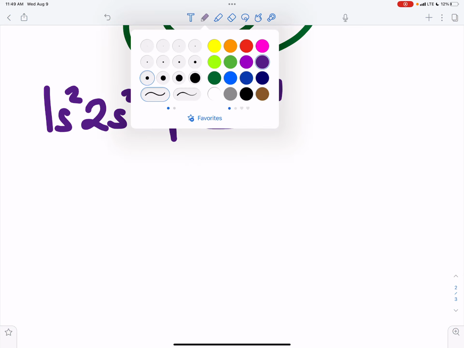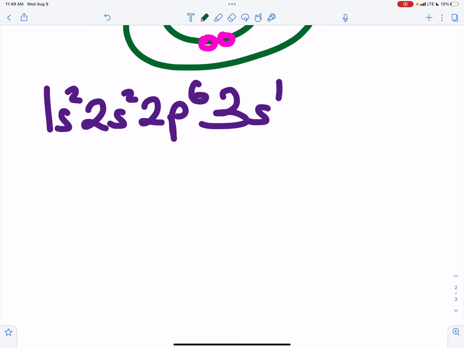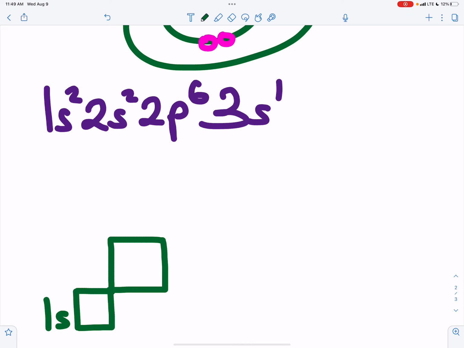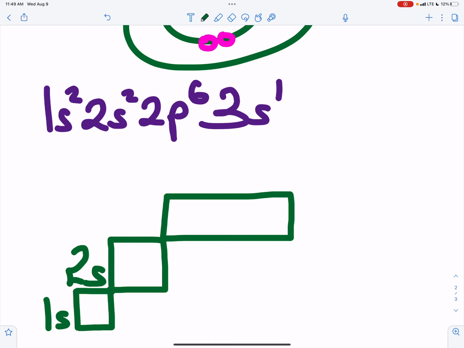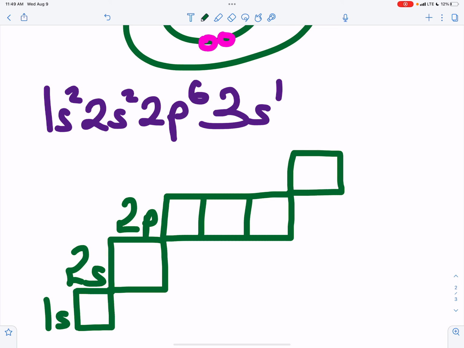This means that if we were to draw diagrams showing energy levels, the first energy level will be the 1s energy level. The second one will be the 2s energy level. Next will be the 2p energy level, which has 3 orbitals. And lastly is the 3s energy level.